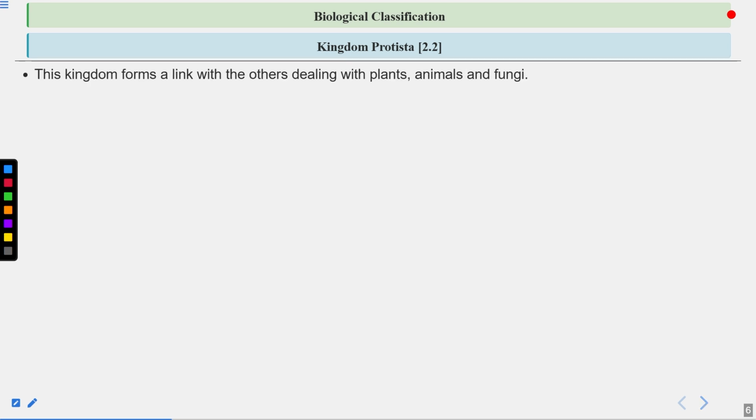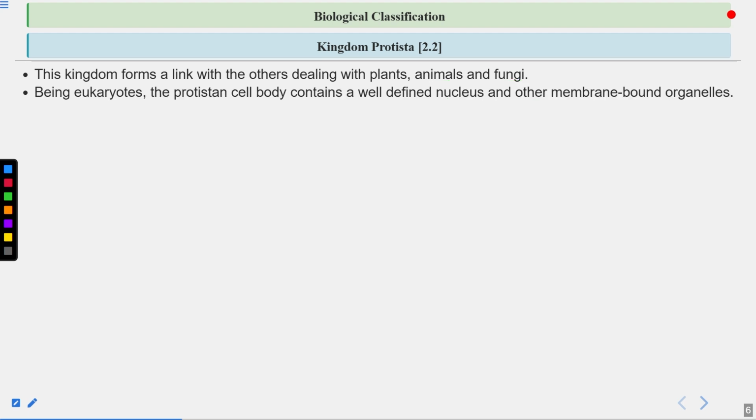The kingdom forms a link with others dealing with plants, animals, and fungi. As I've told you earlier, the kingdom Protista includes organisms which are plant-like, animal-like, or fungi-like. That's why they form a link with other groups such as plants, animals, and fungi.